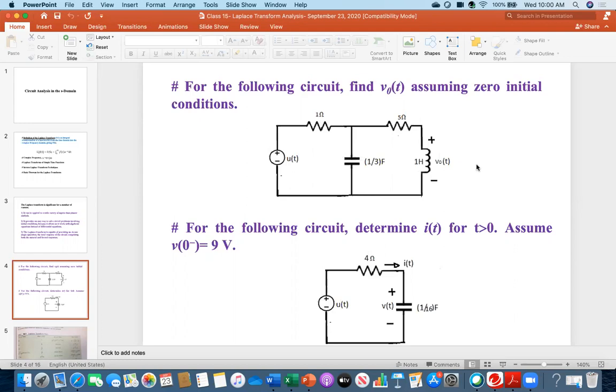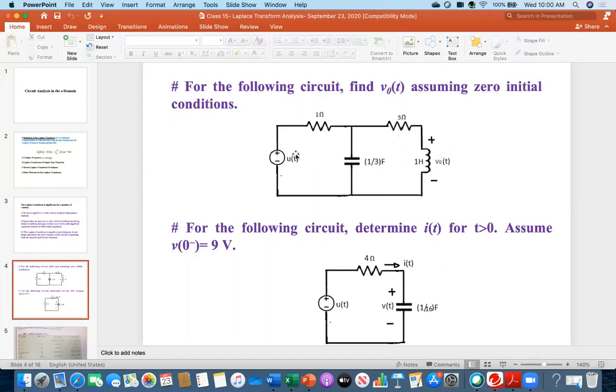So to apply the Laplace transform to this circuit, at first we have to convert the inductor and the capacitor into their Laplace domain. We will be learning how to convert them into the Laplace domain. Right now I am just explaining the background or motivation, why and how we will apply the Laplace transform.